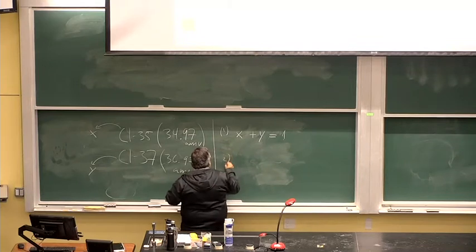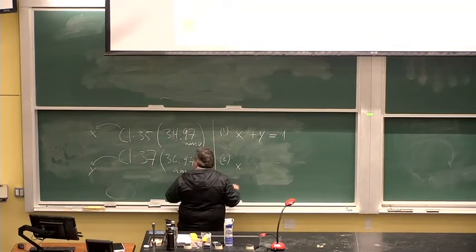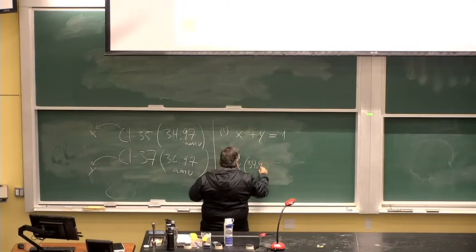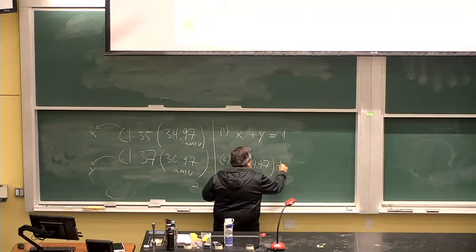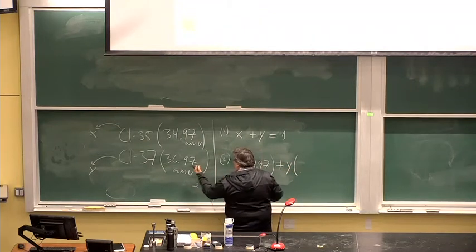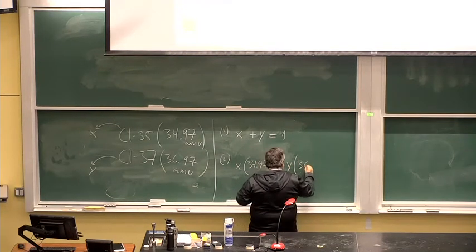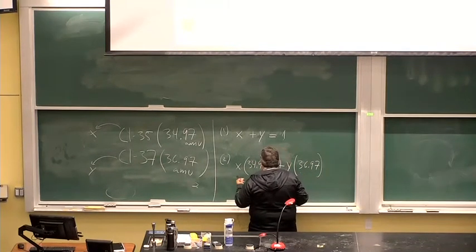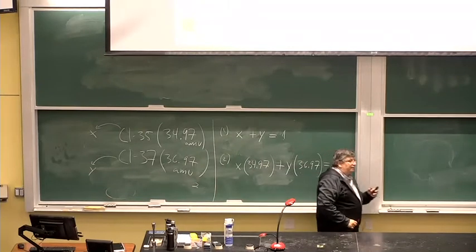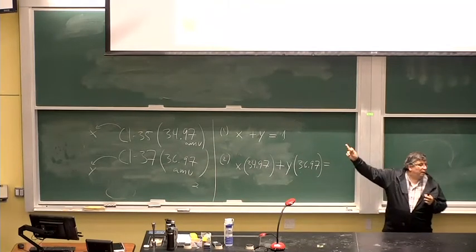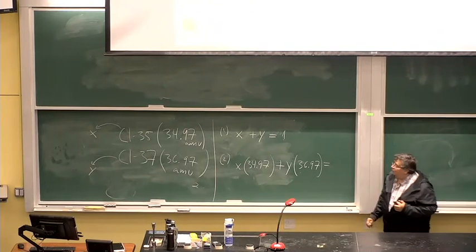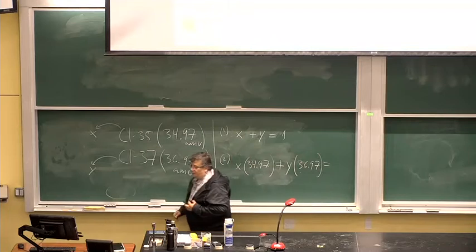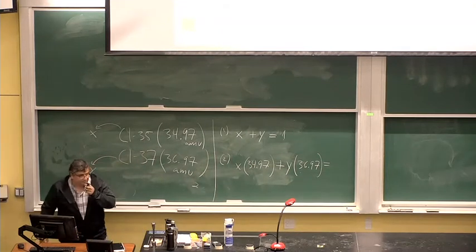That second equation will be X times the atomic mass unit for X, which is 34.97, plus Y times the atomic mass unit, 36.97, and that value is exactly the same as the one we have on the periodic table, which is given, by the way, in the problem. In this case, that value is 35.45.